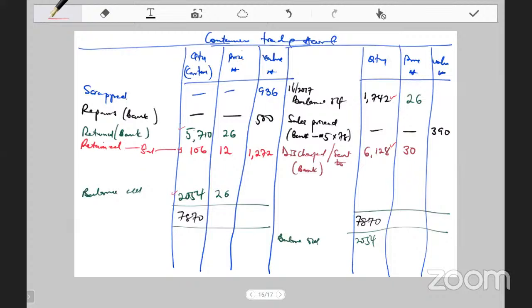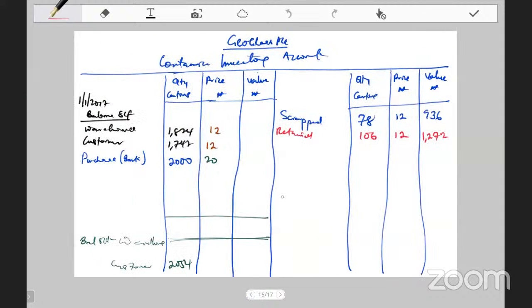No. So if there's no other information, let's now wrap up this question. The examiner has given us the balance brought down in the customer's hand, which is 2054 at the book value, and then we'll complete. Now, please pay attention to this again. What's the total unit of inventory that is owned by this organization? We have 1824 in the warehouse, and the one still in the hands of the customer is that.